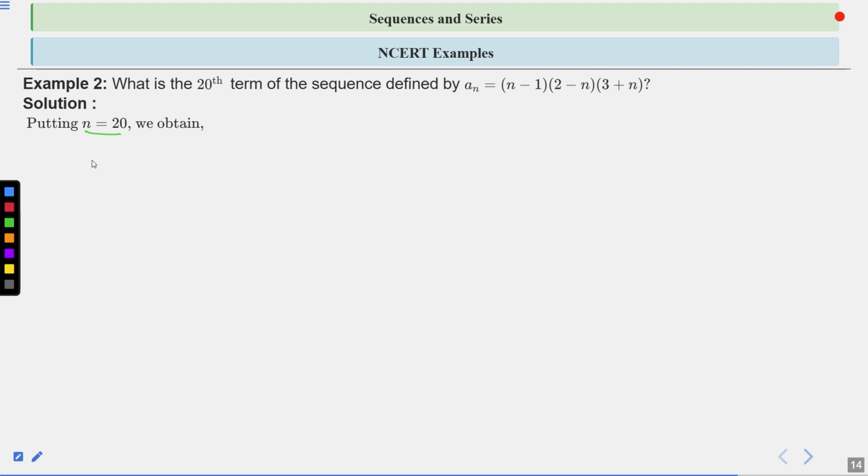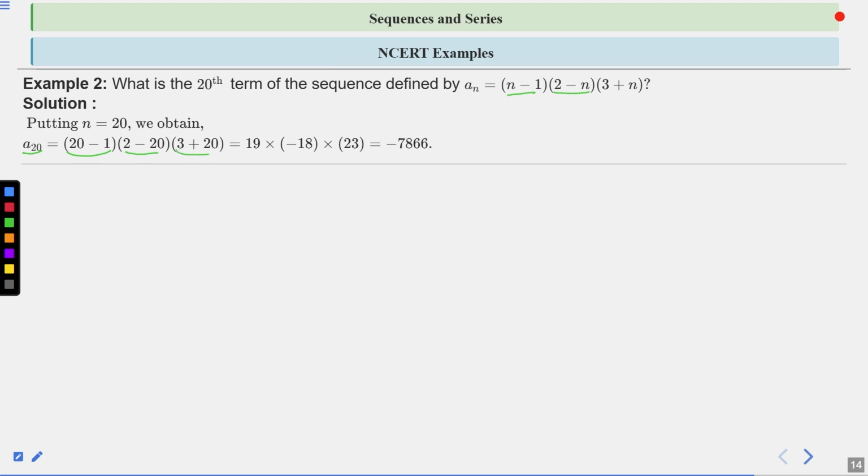Putting n equals 20, we obtain the 20th term as simply (20 minus 1)(2 minus 20)(3 plus 20). Now 20 minus 1 is 19, 2 minus 20 is minus 18 and 3 plus 20 is 23.